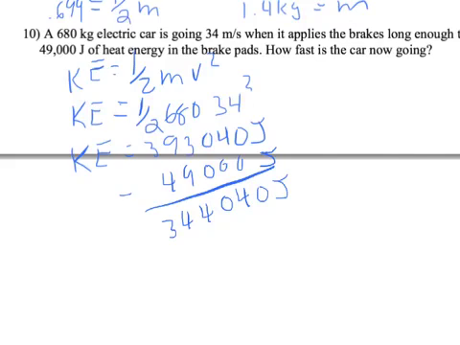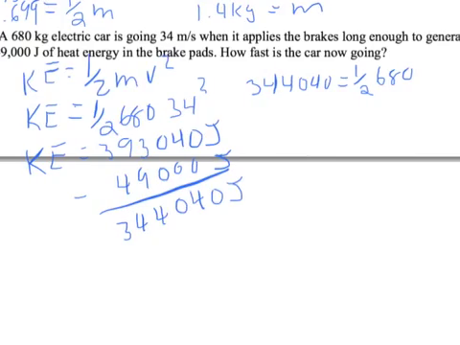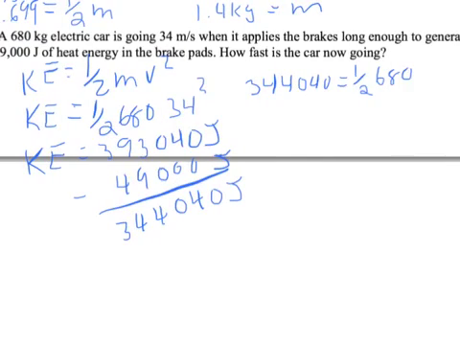And now that I know what the energy of the car is, I can figure out how fast the car is going by using the kinetic energy again. So in this case, what I'm going to say is 344,040 equals 1/2 680 times velocity squared.